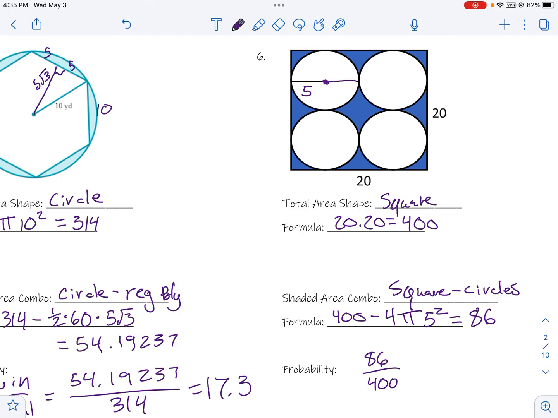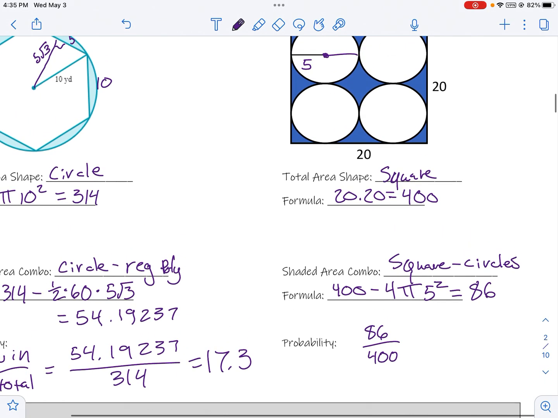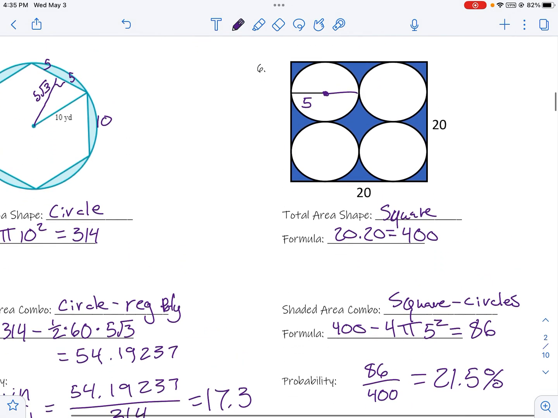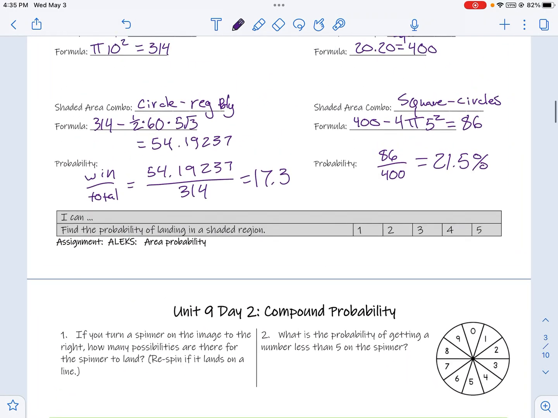Which is 40, well, it didn't give me a decimal. Hold on, Control Enter. Gives me a decimal. 0.215, which is 21.5%. Looking at the picture, does 21.5 look correct to you? It looks right to me. It's a pretty low chance to hit one of the shaded parts on there.